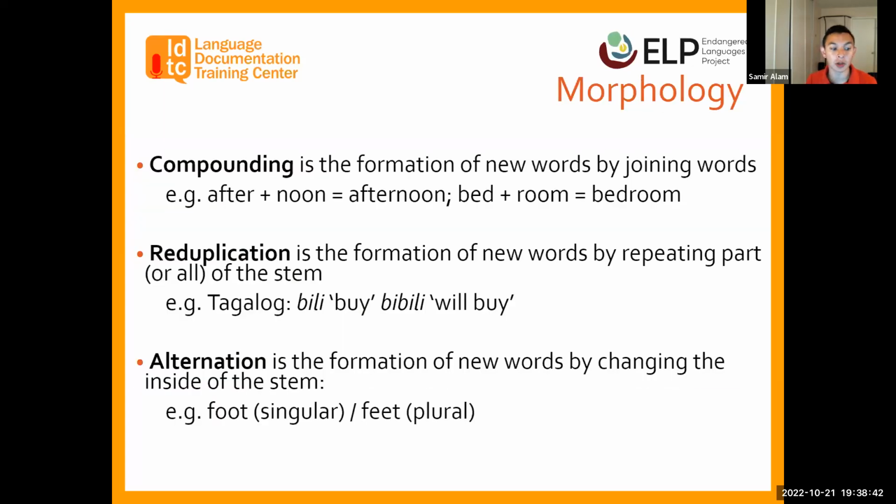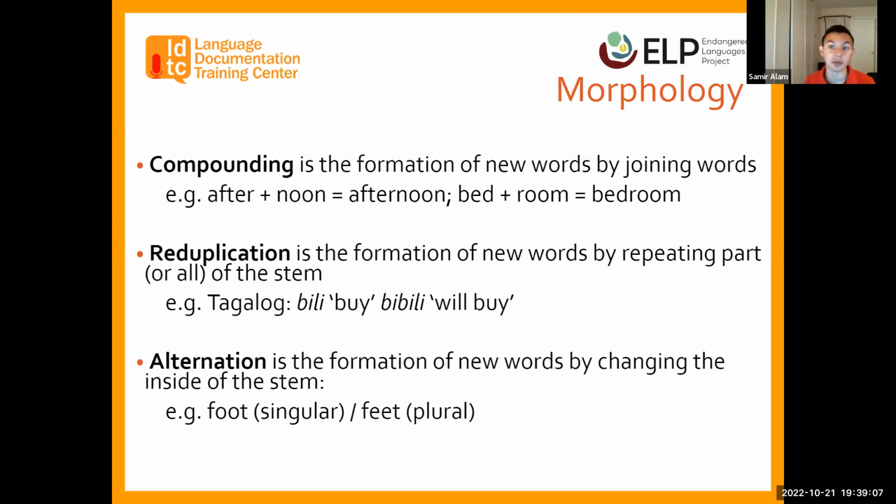There are some other ways to form words that are not just about combining bases and affixes, but we can do it in other ways. So compounding is the formation of new words by joining words. For example, if I take the bases after and noon, these are both bases that have pretty concrete meanings.